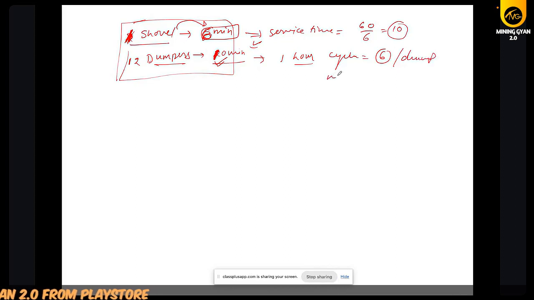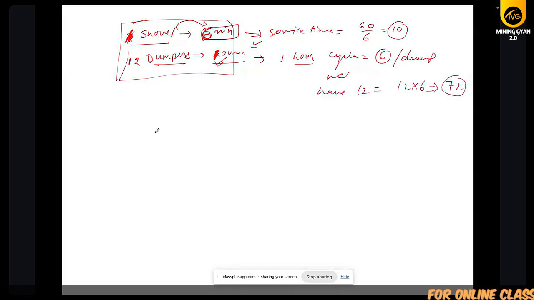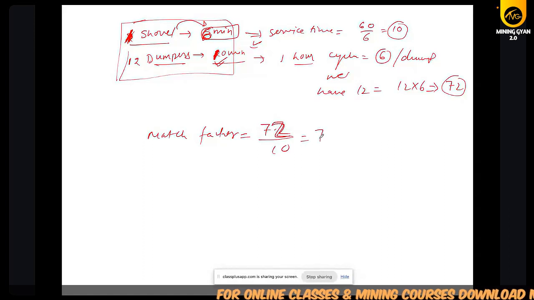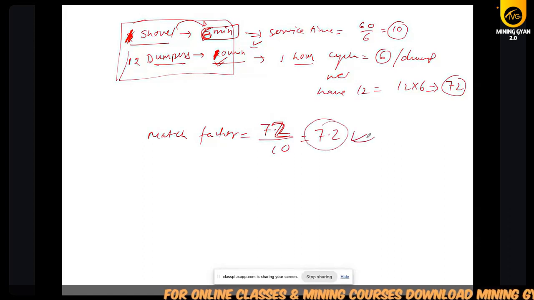But we have 12 dumpers, so 12 into 6 is 72. So match factor will be 72 divided by 10, which is 7.2. Okay, this is how we will solve these questions.